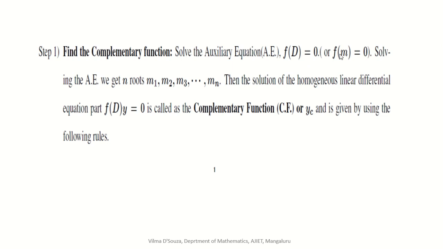Solving this you get the roots m1, m2, etc., mn. Then the solution of the homogeneous linear differential equation f(D) y = 0 is known as the complementary function, or yc, and how to write that yc depends on the following rules. When I give the example it will be more clear.